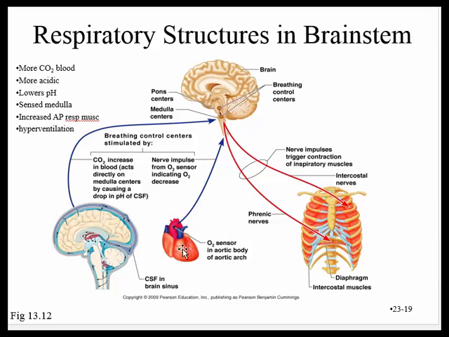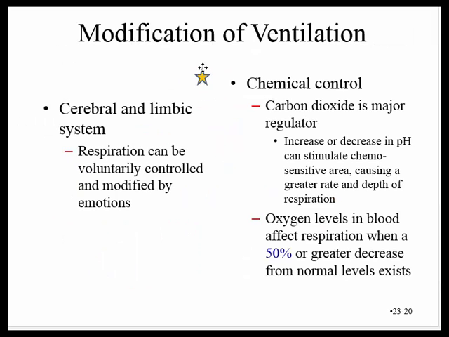Interestingly, if there's a low amount of oxygen, that can also play a role in breathing, but carbon dioxide has a much larger role in regulating ventilation than oxygen does. And that's what we see on the next slide. I have a little star here for you because this is an important concept.